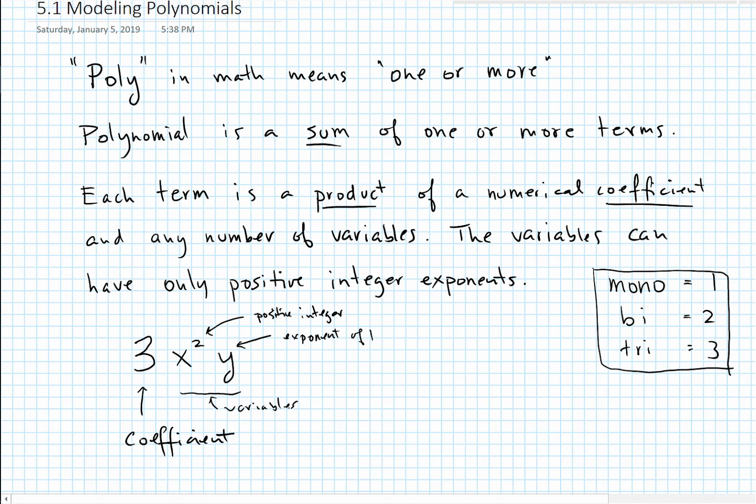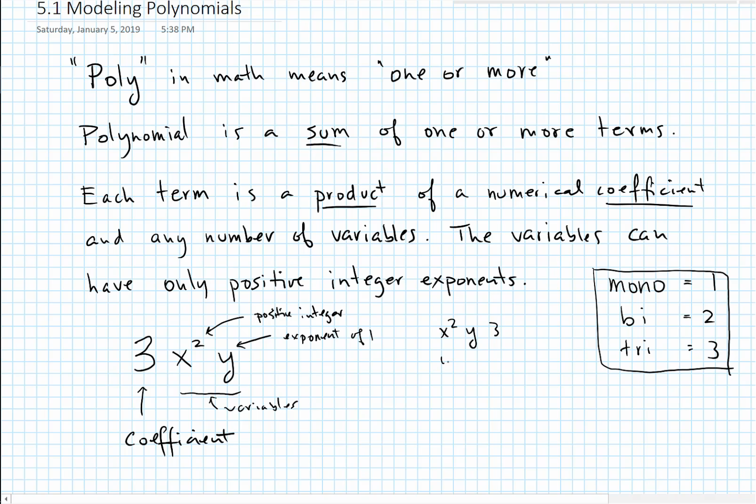Now, because one of the properties of multiplication is that you can multiply things in any order you like, we could rearrange the 3, the x squared, and the y. So for instance, we could write this as x squared y 3. That's the same sort of 3 components all being multiplied by one another.